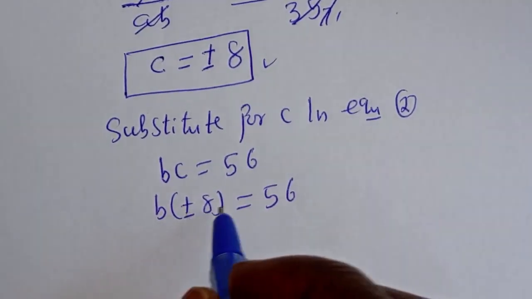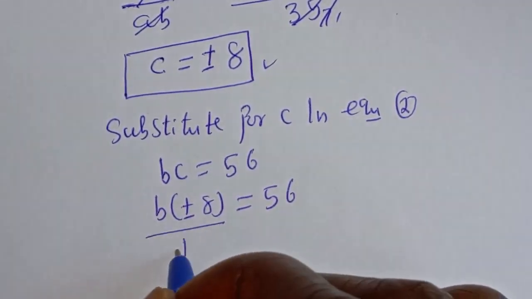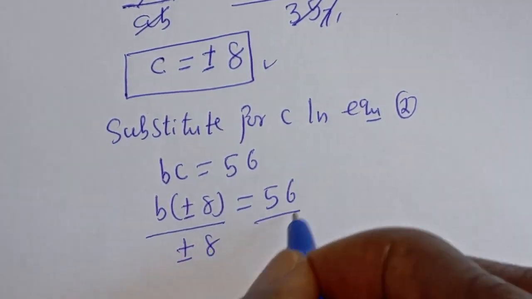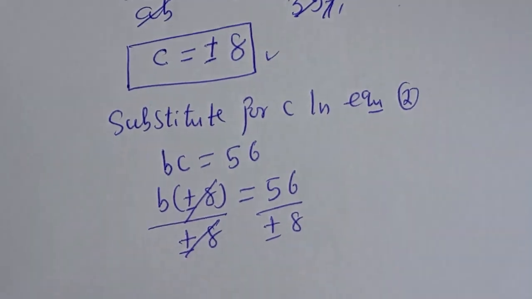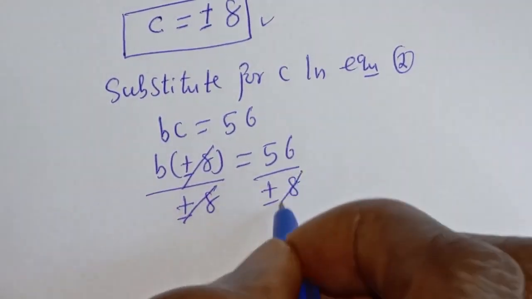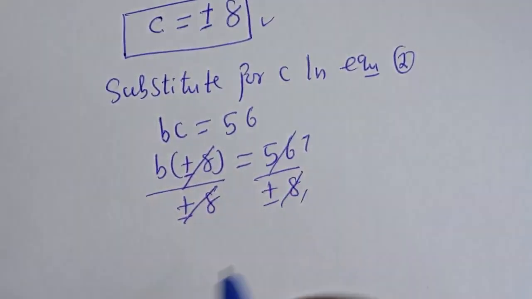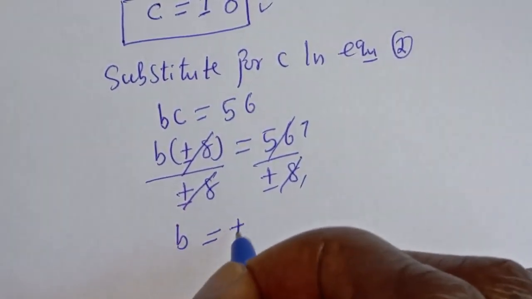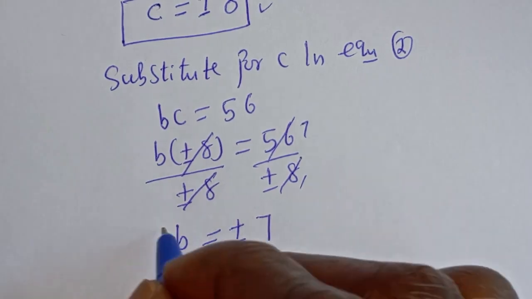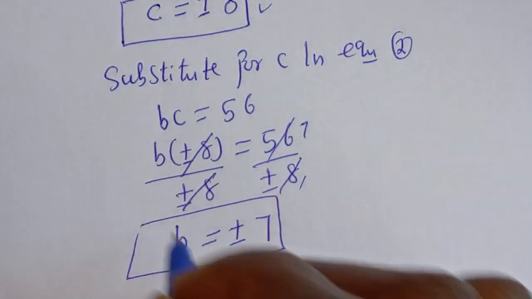Let's divide both sides by plus or minus 8. This will cancel this. 8 here, 1; 8 here, 7. Then B is equal to plus or minus 7. This is the value of B.